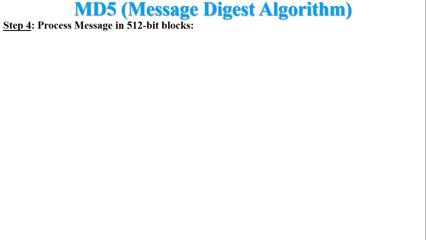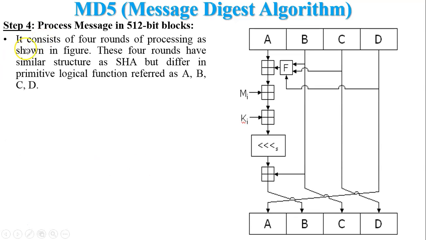Step number 4, process the message in 512-bit blocks. It consists of 4 rounds of processing, as shown in the figure. These 4 rounds have a similar structure to SHA but differ in the primitive logical function. We have already seen this in the previous figure. There are a total of 4 rounds.